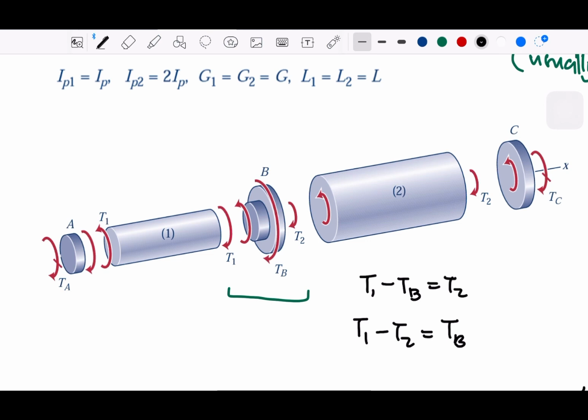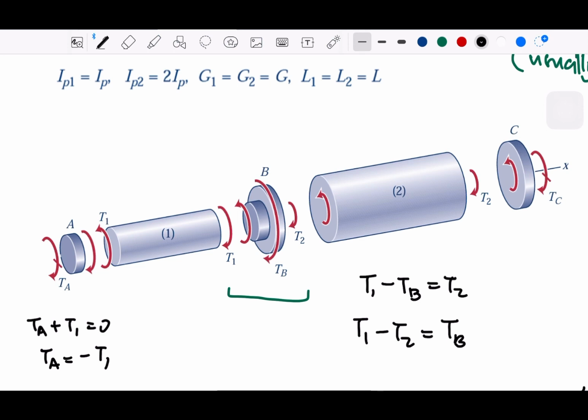Okay, so let's continue. We can isolate each node, so B and also A and C. In A, we get TA plus T1 is 0, or TA is negative T1. But the negative or positive sign is not really that important in our process.